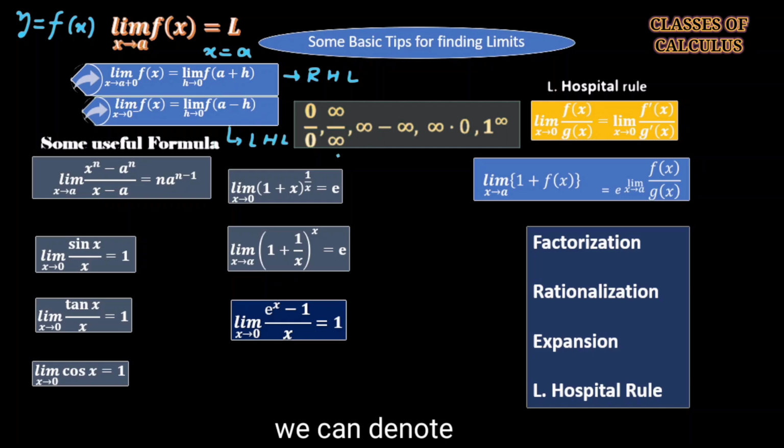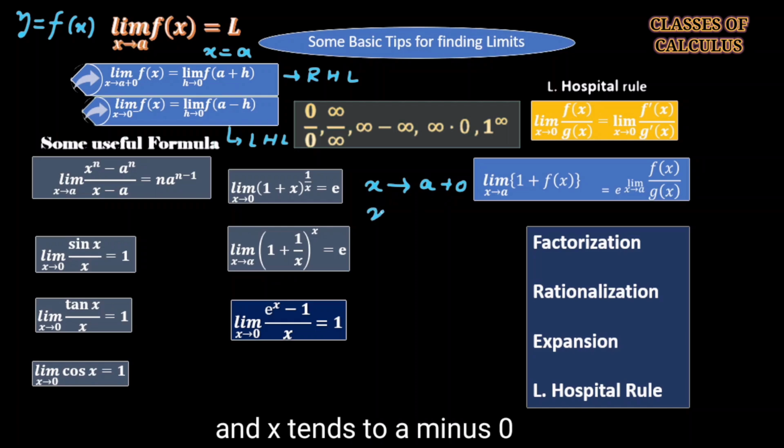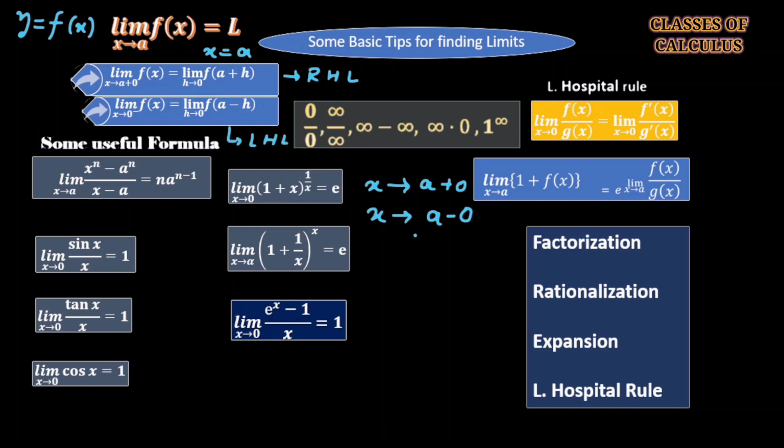We can denote RHL and LHL by x tends to a plus 0, which is RHL, and x tends to a minus 0, which is LHL.